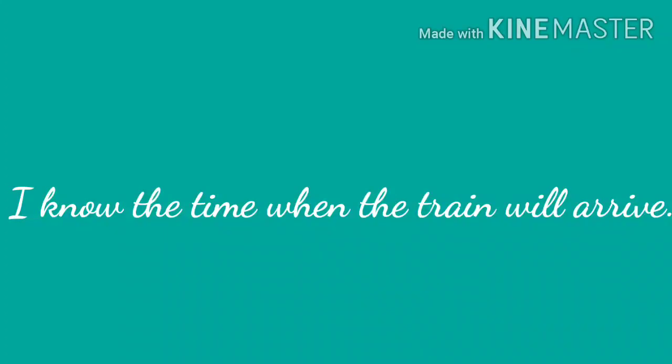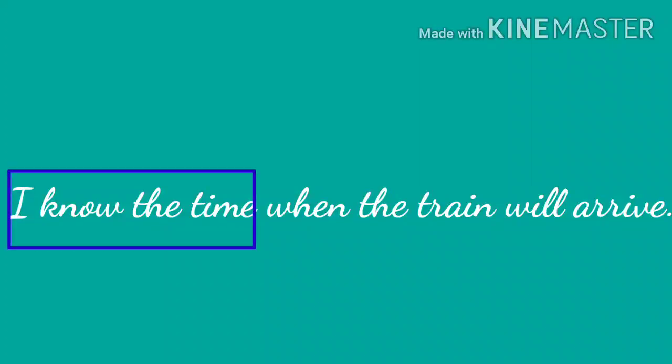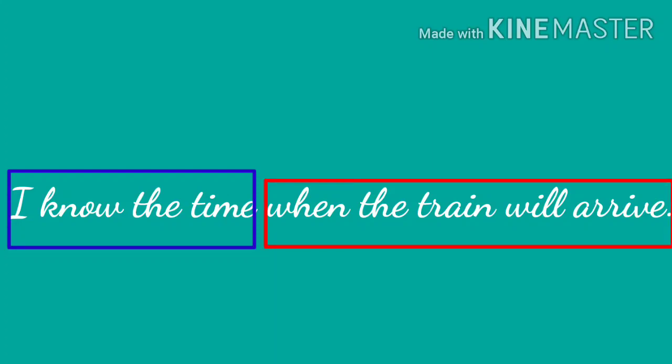Okay, let's analyze the second sentence. I know the time when the train will arrive. All right, so in this sentence again we find two clauses out here. I know the time, and the other is when the train will arrive. So if you take the first clause, I know the time, all right, that is a clause that can stand on its own as a simple sentence.